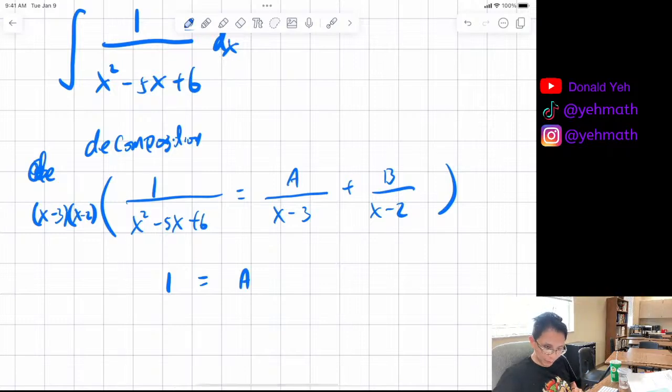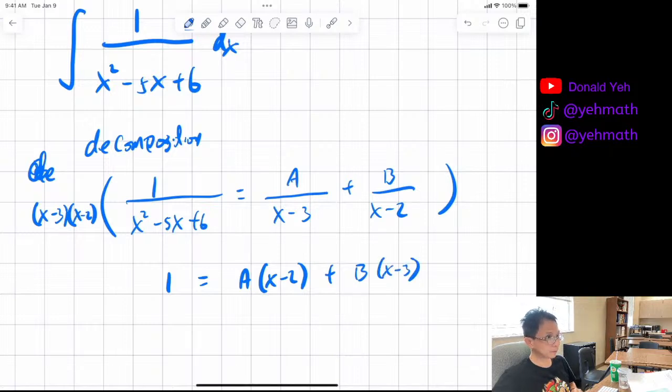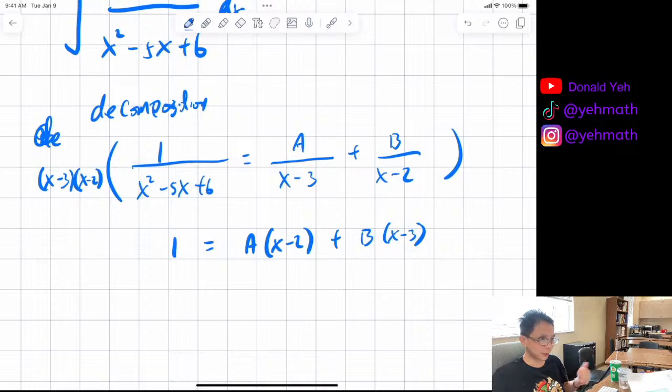On the right side will be a times x minus 2 plus b times x minus 3. Got it? There's no denominator, because the x minus 3 cancels. That's called the basic equation.